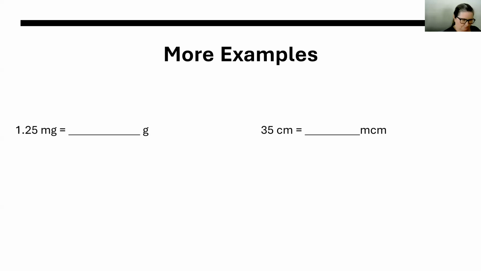So we're going up, which means we're going left. Here's where we're starting. Here's our decimal. We'll move that 1, 2, 3 places. And that gives us 0.00125 grams.